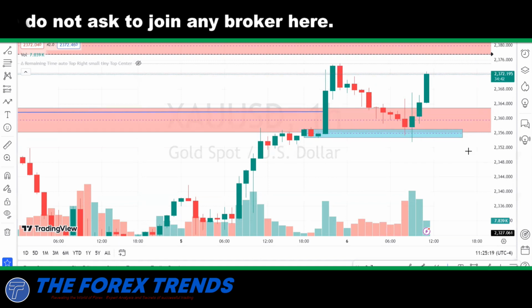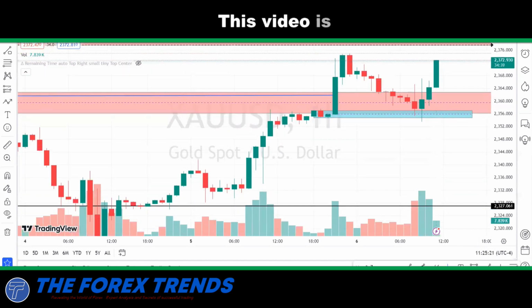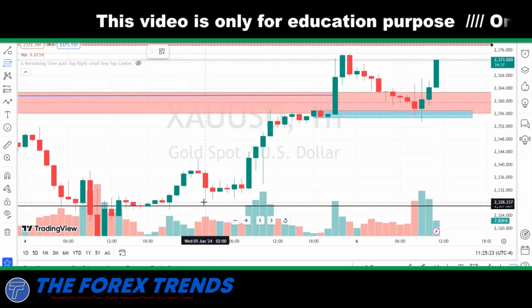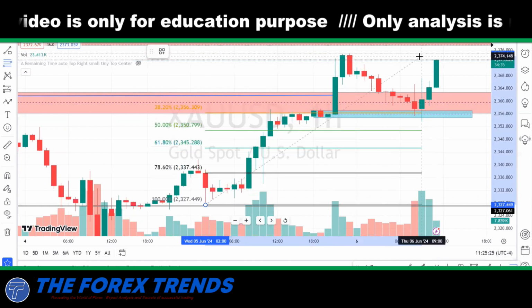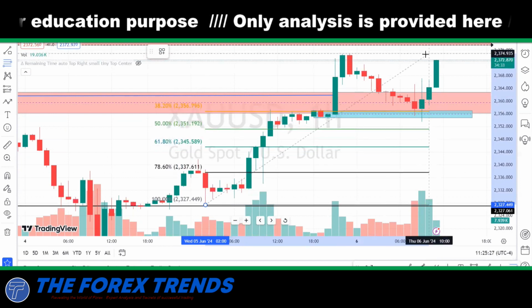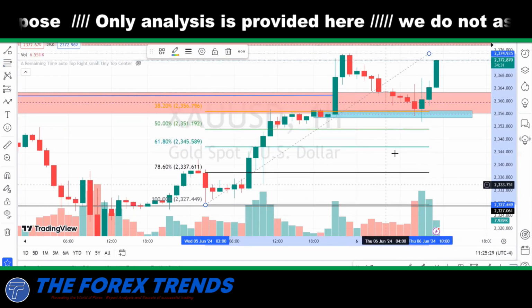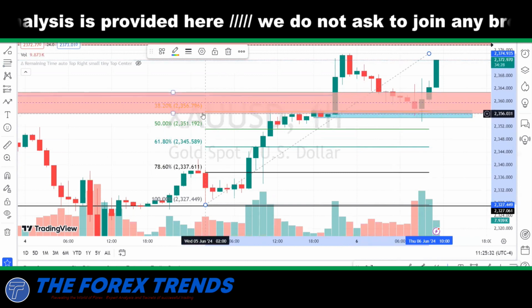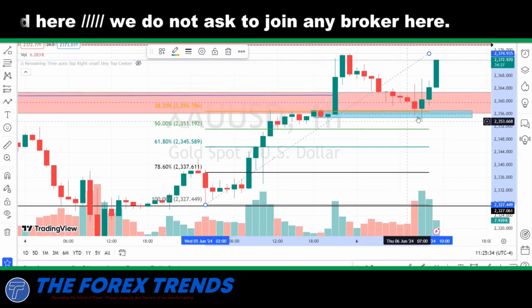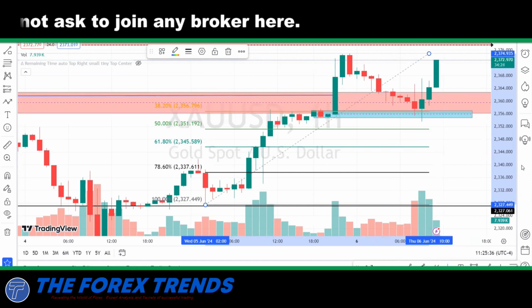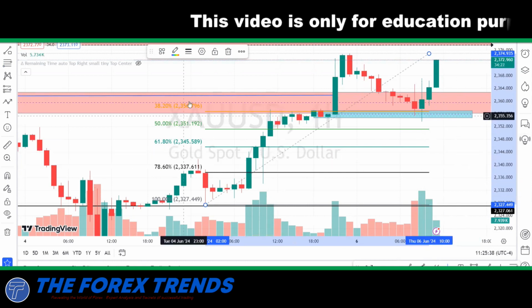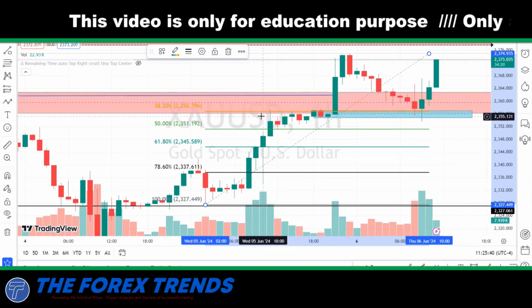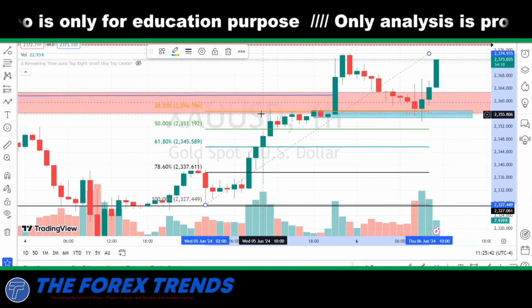And another thing, if I plot the Fibo for this swing, you can see this is the 38% retracement level of the 1 hour frame, and this is the third confluence to join this trend from this point, and the price was at the 2355 level.